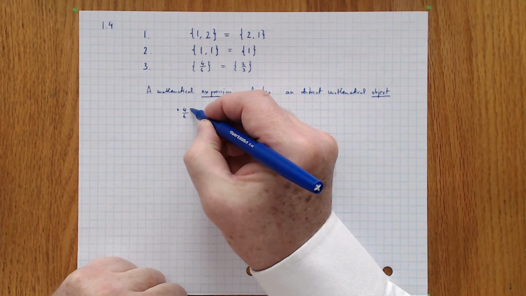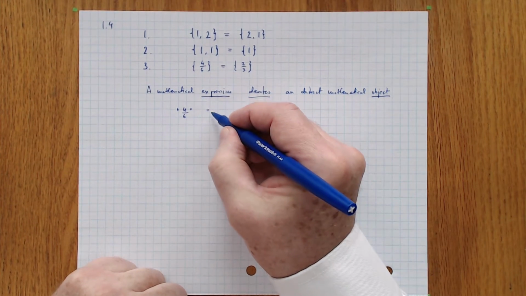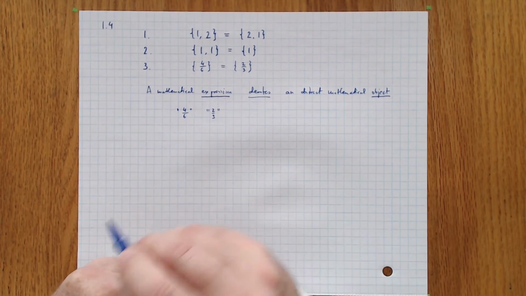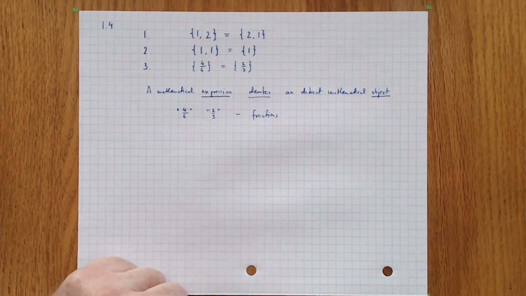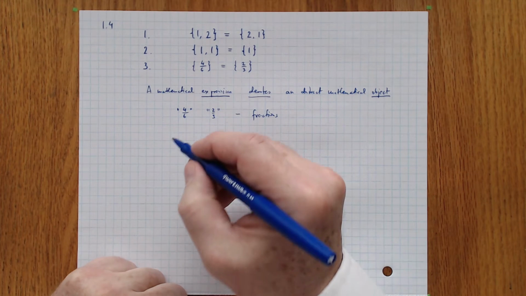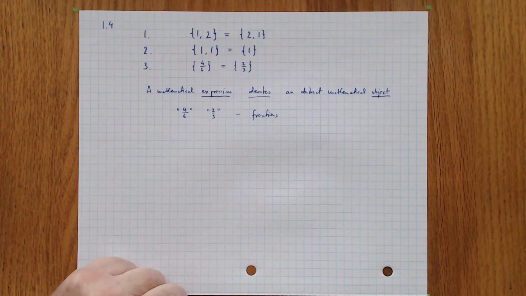4 over 6 and 2 over 3 are fractions. This means they are symbols which we write on paper or on the board. They're contrasted with the rational number.